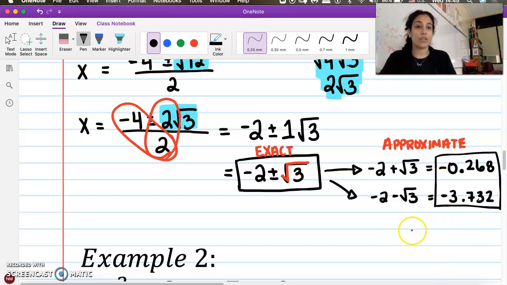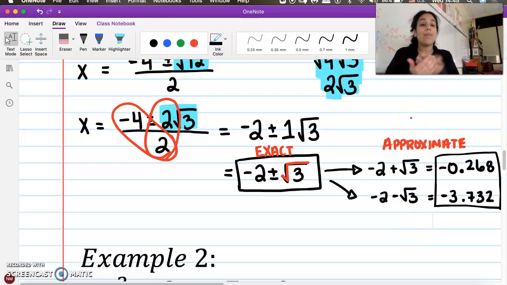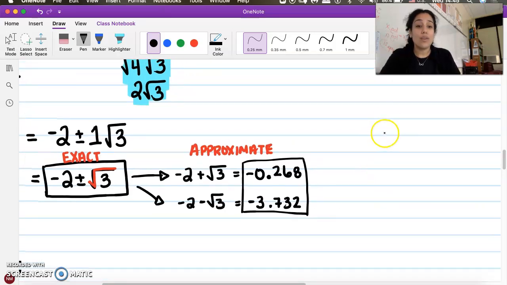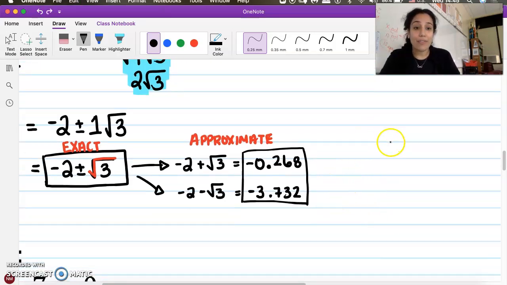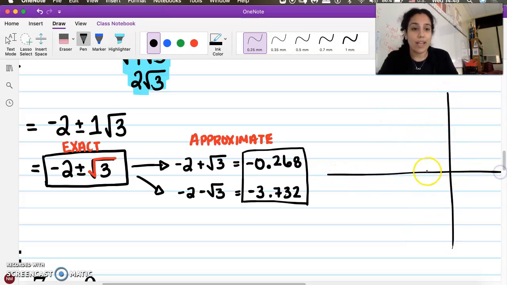approximate solutions. The only time that the approximate is useful is when we are graphing, because we need to know where to find my what. What does a quadratic formula help us find on the graph? The x-intercepts. So this would mean that my graph would look something like, let's actually go here, because we're in the negative x, 1, 2, 3, 4.